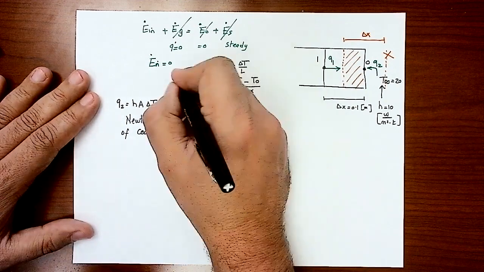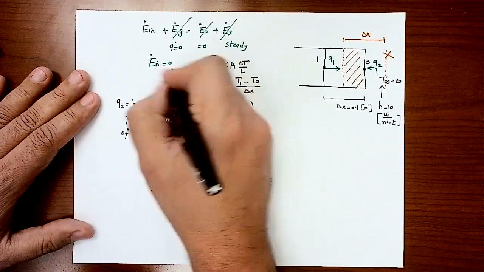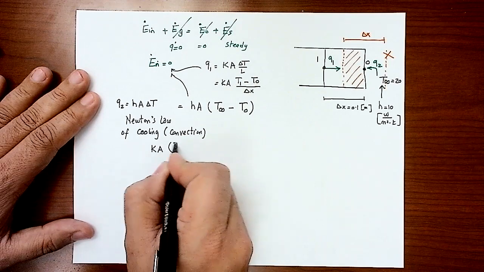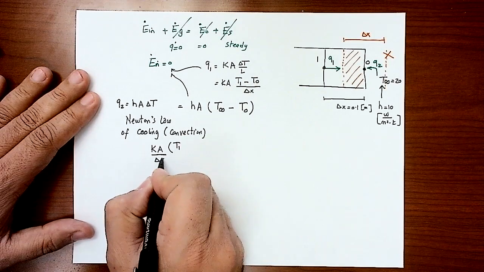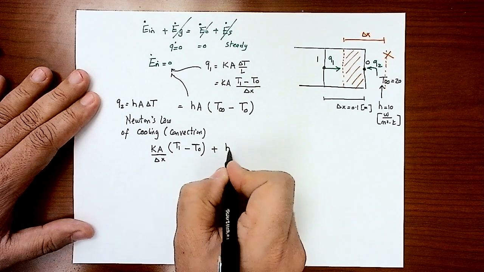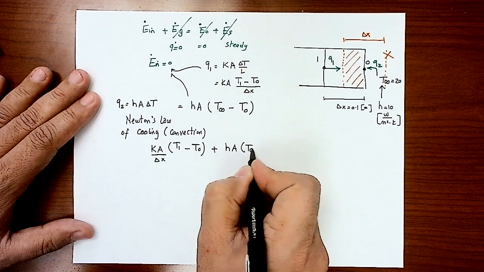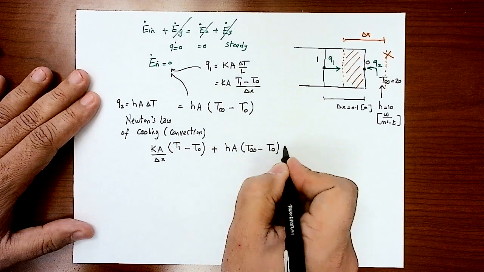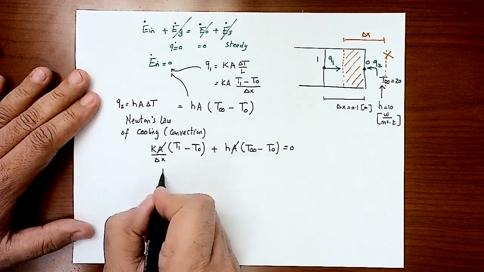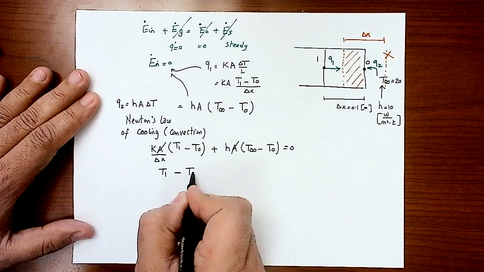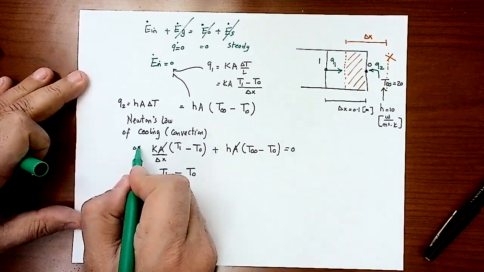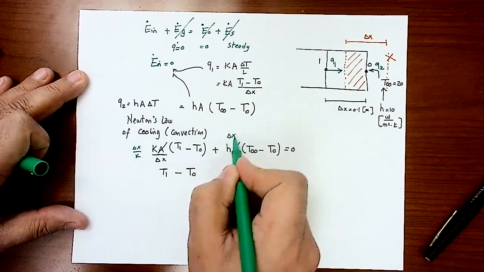Let's take that Q1 and Q2 and substitute into the equation. So I would have K, A, T1 minus T0 over delta X, plus H, A, T infinity minus T0, is equal to 0. A will cancel out. So I will have T1 minus T0. I will multiply by delta X over K here, and delta X over K here.